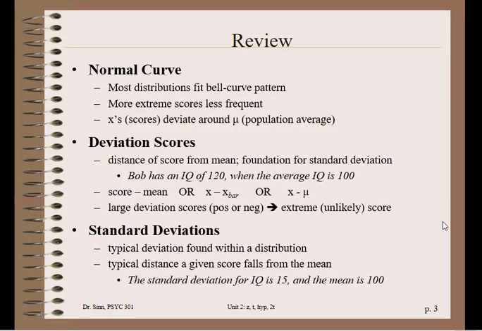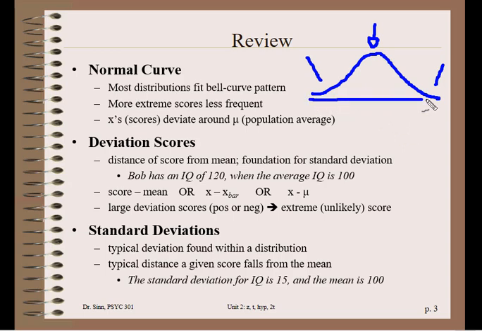Okay, so reviewing some basic concepts. The normal curve is this phenomenon we have with a lot of quantitative data where you get a distribution that's roughly normal like that, and the more extreme scores are in the tails, and all the scores are varying around the middle of the distribution, which is the mean.